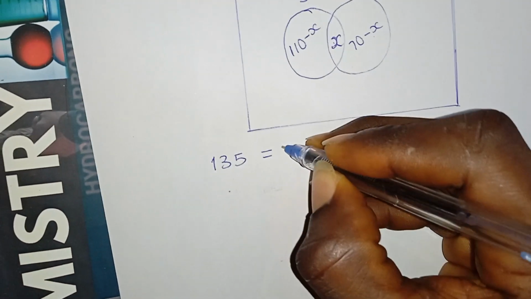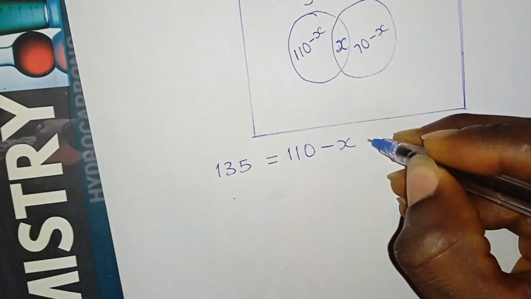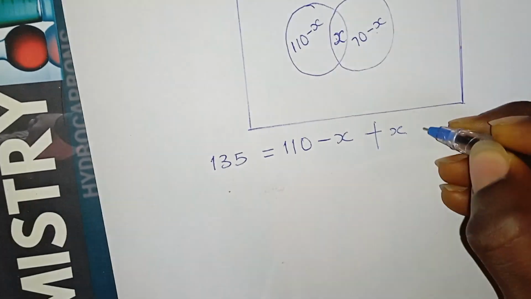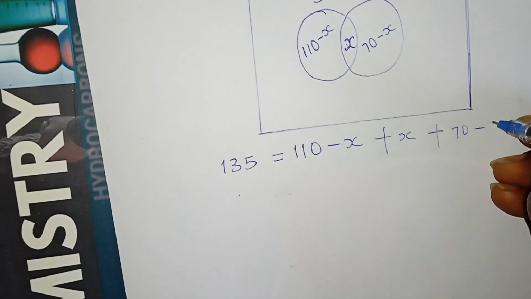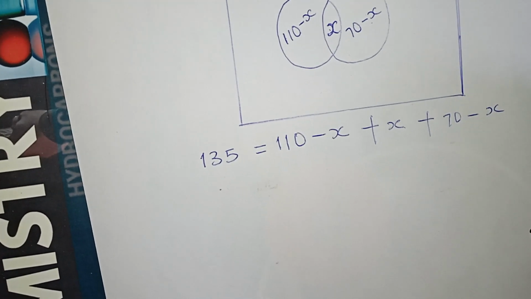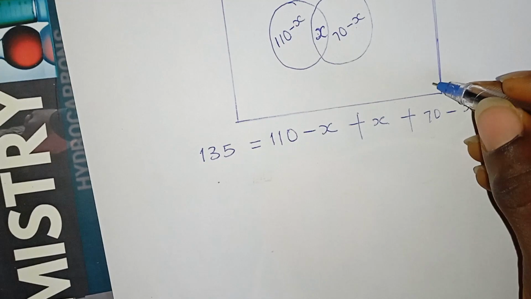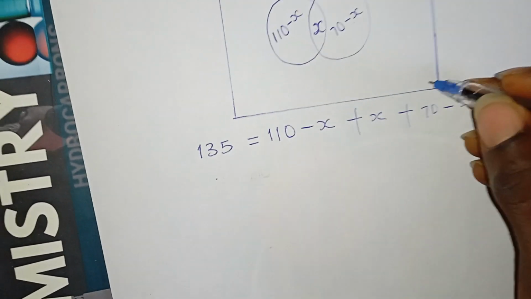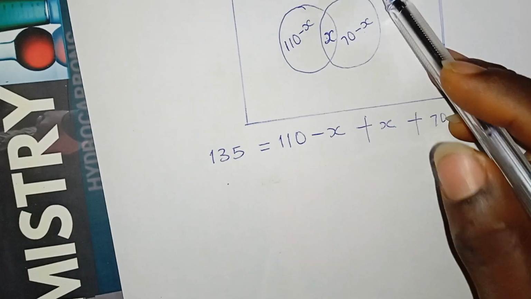That is 110 minus X plus X plus 70 minus X. They did not give us the number that did not engage in shares or bonds.